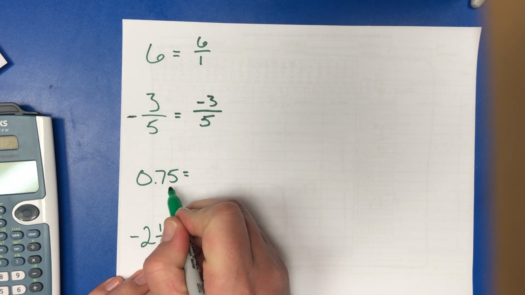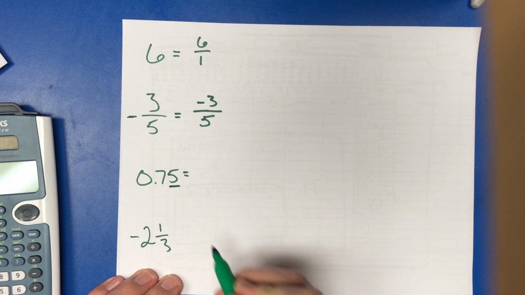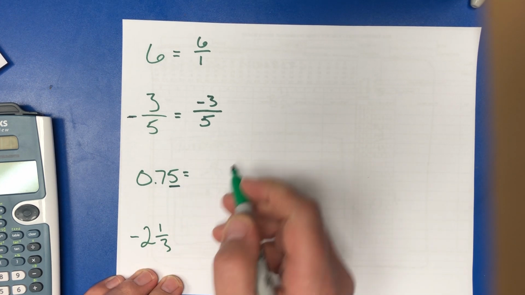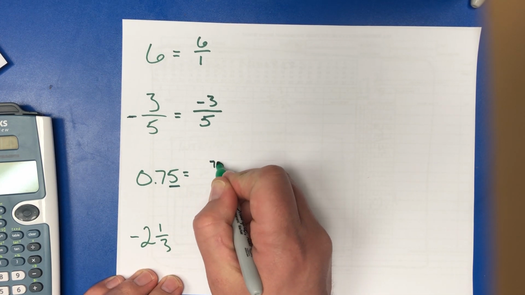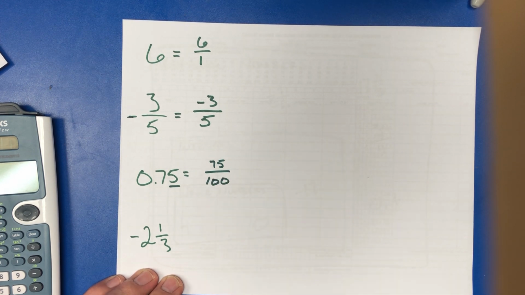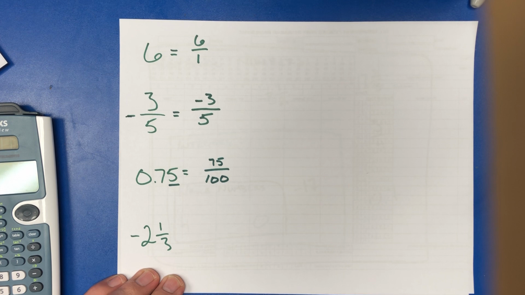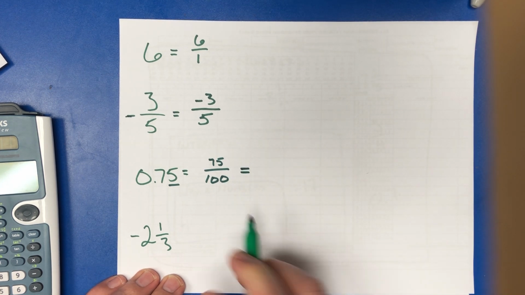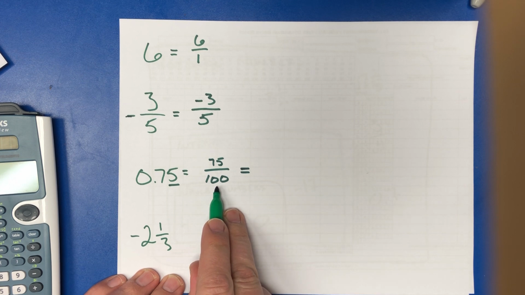So what I'd rather do is look at this and say it ends in the hundredths place value, and this number is 75. So this is 75 hundredths, 75 over 100. I've just written it in A over B form. Now notice your book, I will go the extra mile like your book did, but this would be perfectly acceptable. The directions do not say you have to simplify, but it would be a good practice to do.